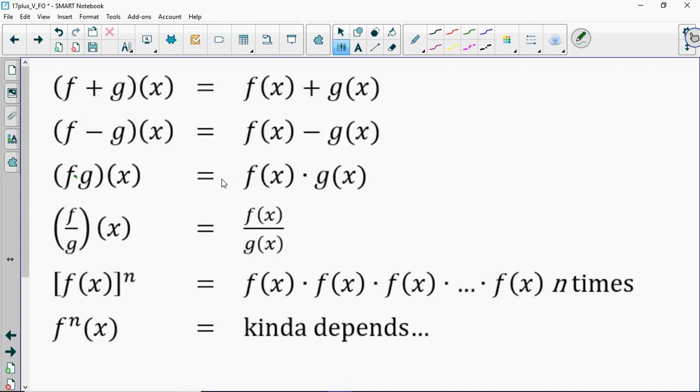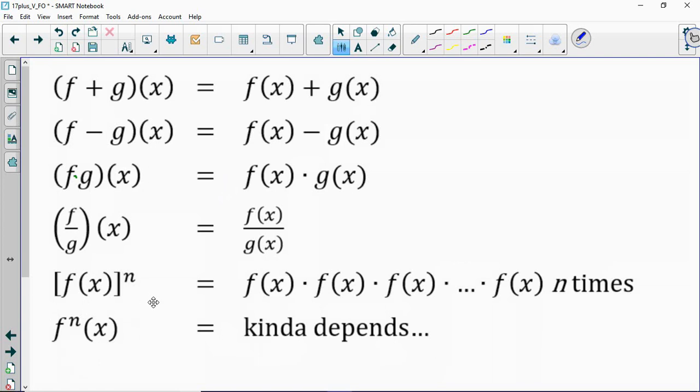Now for exponents, we're going to use this notation here. We're going to put the f of x all inside of a separate set of brackets and then put the exponent outside of it. So this means f of x times itself however many times that exponent says to do. Now this notation down here, I say it kind of depends. There are some books and some websites that are going to use this notation to mean this notation.